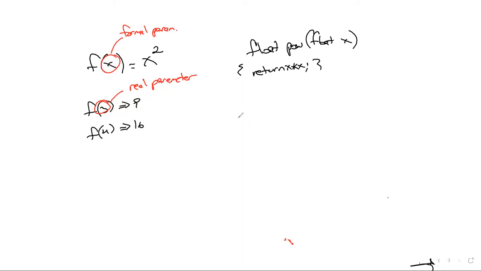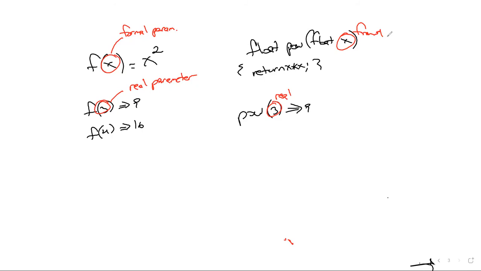And then we call pow and give it the number 3, and we get the 9, right? So x is our formal parameter, and this is our real parameter. And we actually bind the real parameter to the formal parameter for the current instantiation of the function.